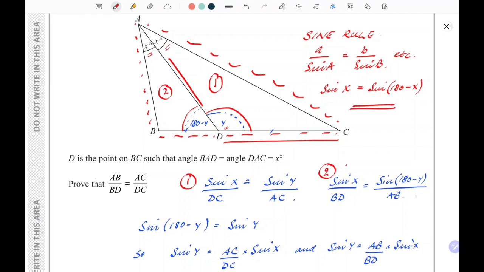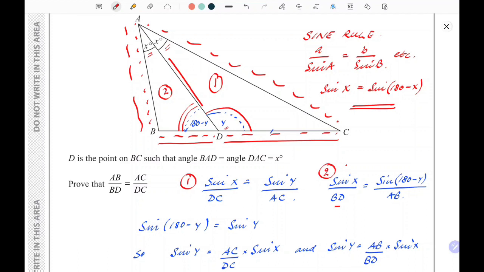In the second triangle, sine x again, because I've got the same x angle at A. So sine x over the opposite side, which is BD, must equal sine of this angle here, 180 minus y over the opposite side, which is AB. All right.